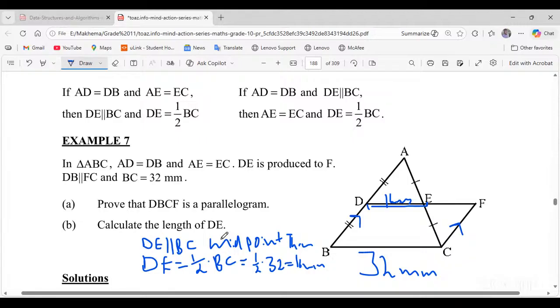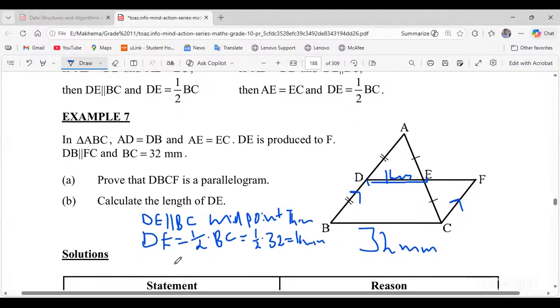Now, let's jump into the problems and see what we are required to find. In A, we are required to prove that DBCF is a parallelogram. What are the properties of a parallelogram? The properties of a parallelogram are that opposite sides have to be parallel. So, we were given that these are parallel.